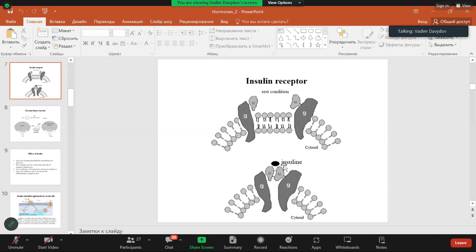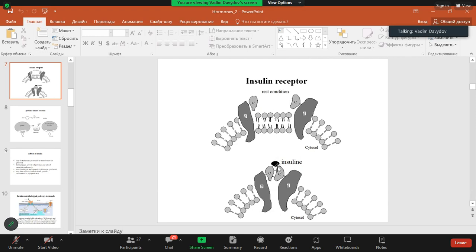My dear colleagues, please note, the insulin receptor may exist in two different states. First, in the rest condition, when in the blood the molecule of insulin is absent, the insulin receptor undergoes dissociation from a tetramer to yield two dimers. Each dimer consists of alpha and beta subunits. Beta subunits in that condition don't possess any catalytic property.